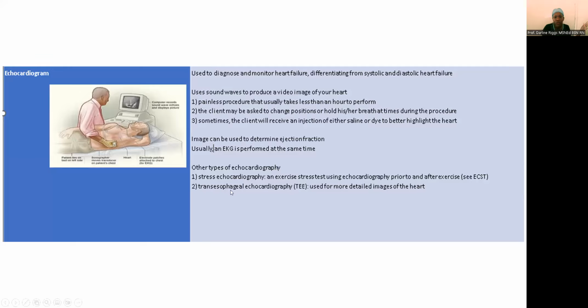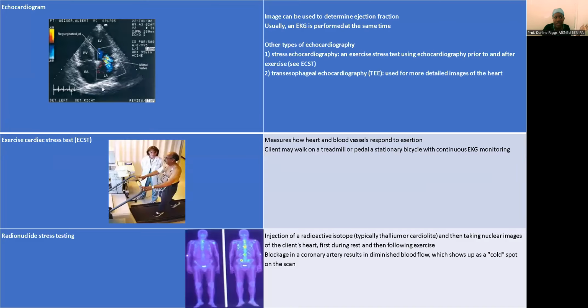So sometimes we may do this while stressing the heart, okay? So that would be an exercise cardiac stress test. So it's really the same thing where we're visualizing the heart, taking pictures like an echocardiogram, but while stressing the heart. And these are great. We're able to tell ejection fraction. Remember we talked about that, how much blood is leaving the ventricles every time the heart contracts.